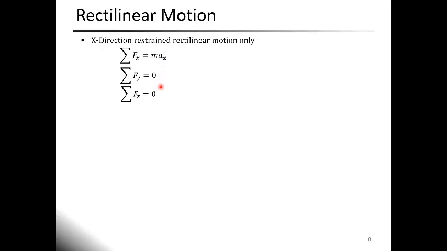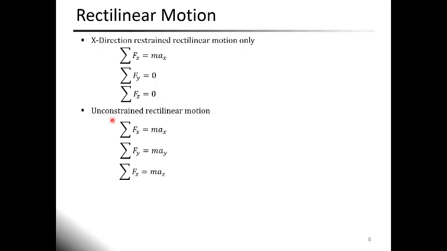Regarding the y and z directions, the resultant force in the y direction is equal to 0 and the resultant force in the z direction is equal to 0. That's because the motion is constrained to the x direction. So we don't have any acceleration in the y direction, we don't have any acceleration in the z direction. So the acceleration in the y direction is equal to 0, the acceleration in the z direction is equal to 0.